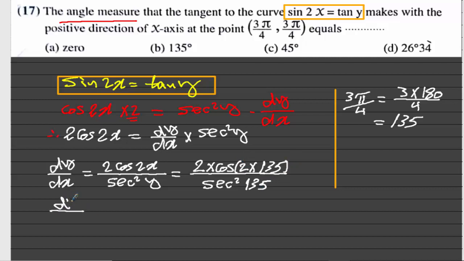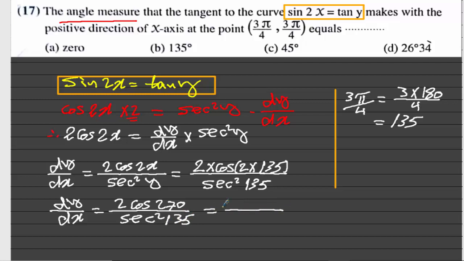So dy/dx equals 2 cosine 270 over sec square 135, and the cosine 270 equals 0. So the numerator equals 0 over sec square 135, which equals 0. So the slope equals 0, and we will choose letter A.